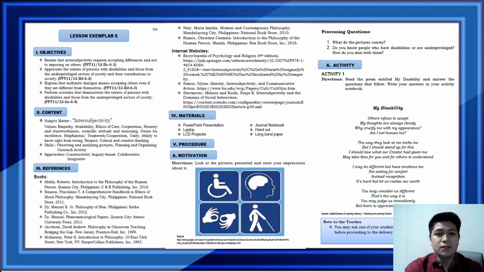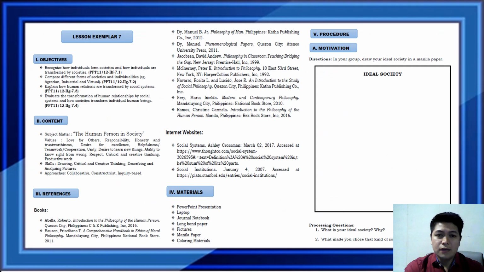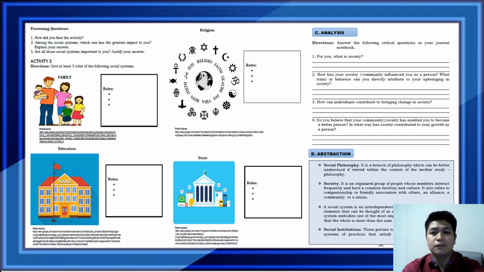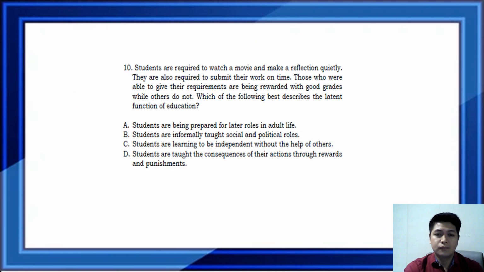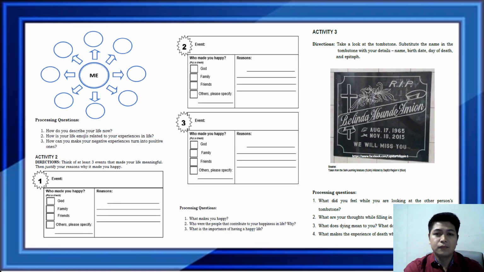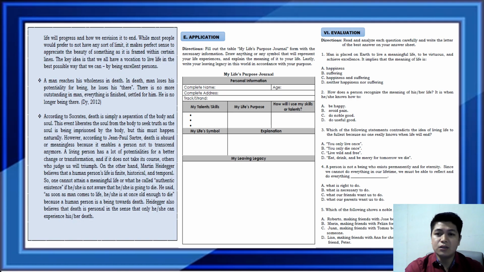The next lesson exemplar is about the intersubjectivity. The next one is the human person in society. And the last one is man in his impending death, the 8th lesson exemplar.